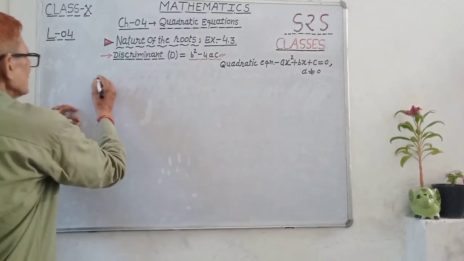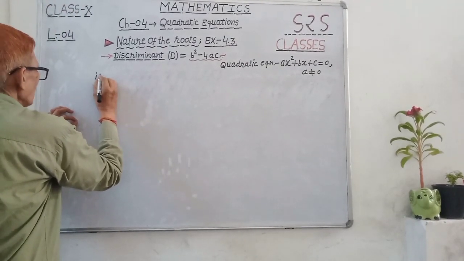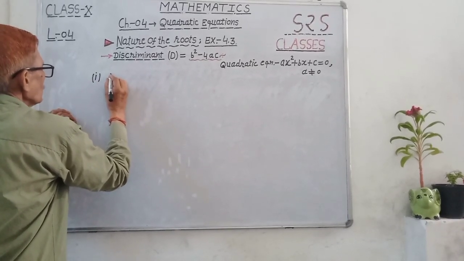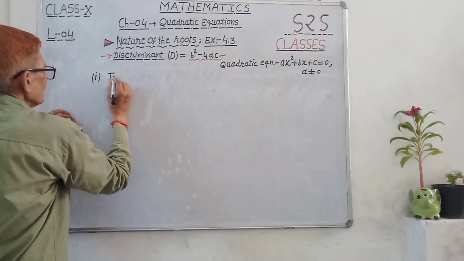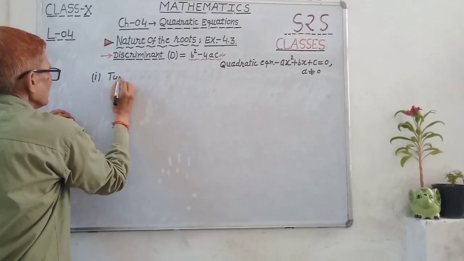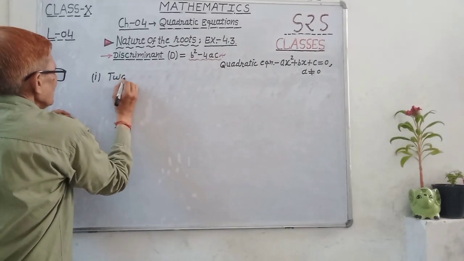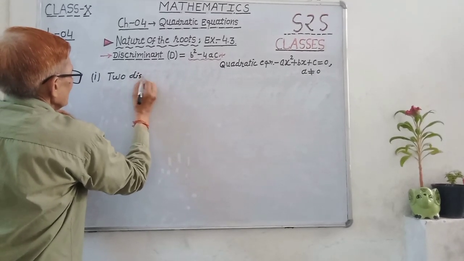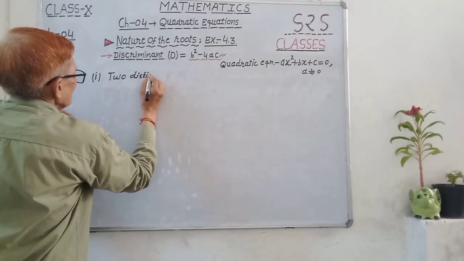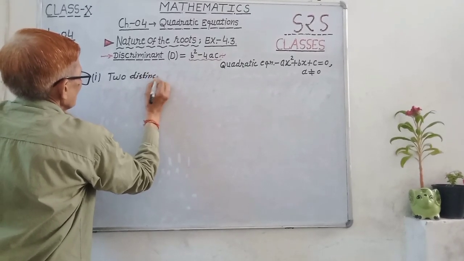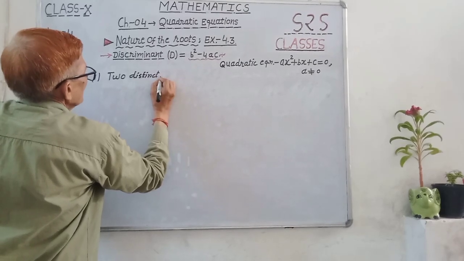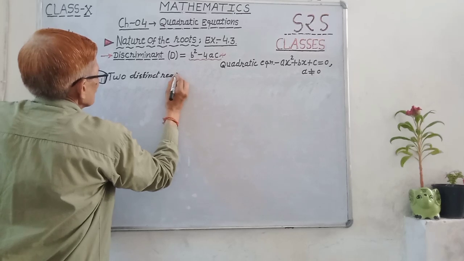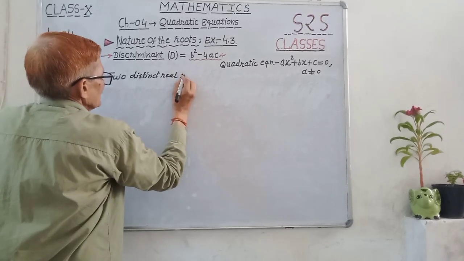So now in the first part, nature of the roots, if positive discriminant, 2 distinct real roots.